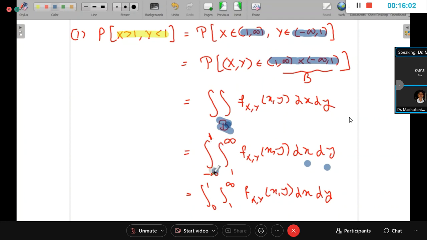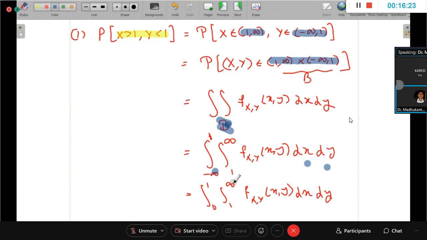So for the limit minus infinity to 1, if you break it down into minus infinity to 0 and 0 to 1, then minus infinity to 0 is 0. So there is no need to evaluate this integral. You have only 0 to 1 left: the integral from 0 to 1, and from 1 to infinity, of f of x, y, dx dy.